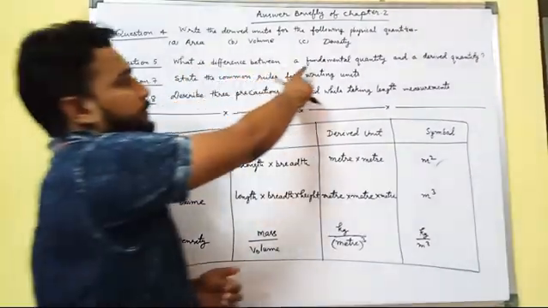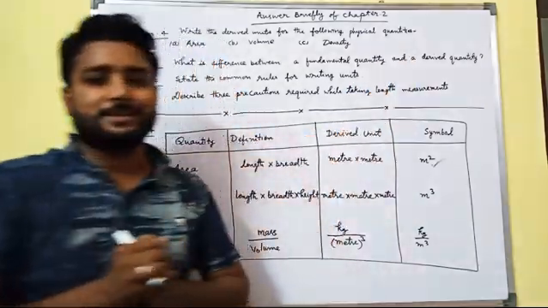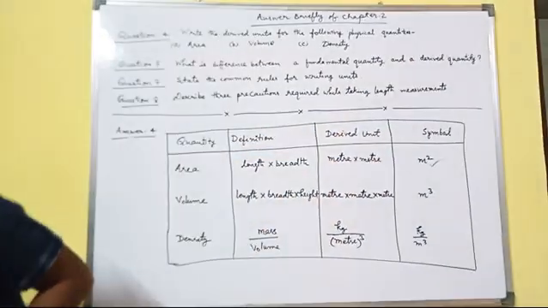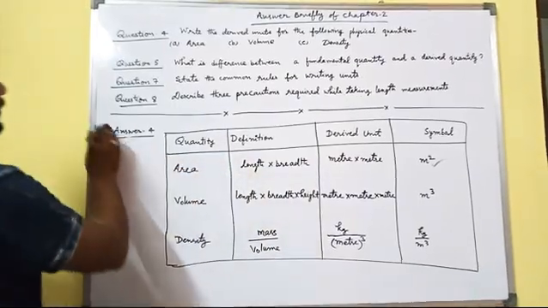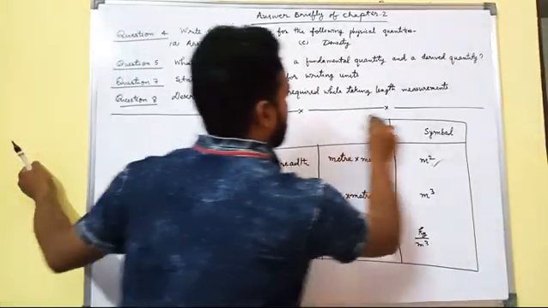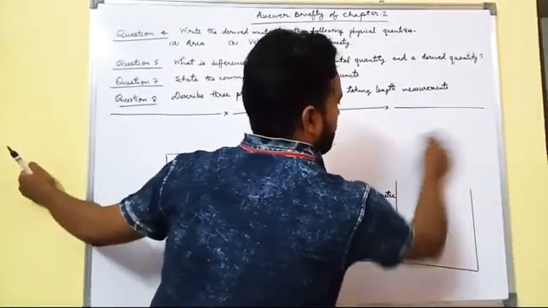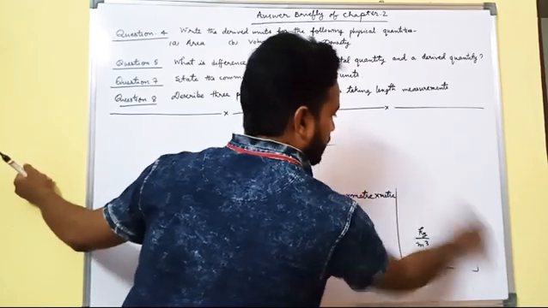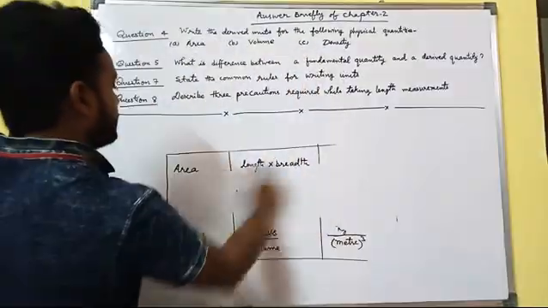What is the difference between fundamental quantity and derived quantity? Again, make a table, and there will be two columns.